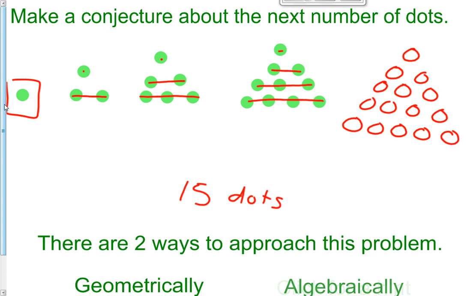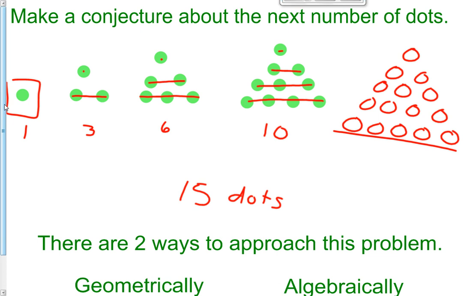We could also think about it algebraically. If I have one dot in the first picture, and then 3, and then 6, and then 10, I'm given this information. Using my inductive reasoning, what would I anticipate the next picture being?